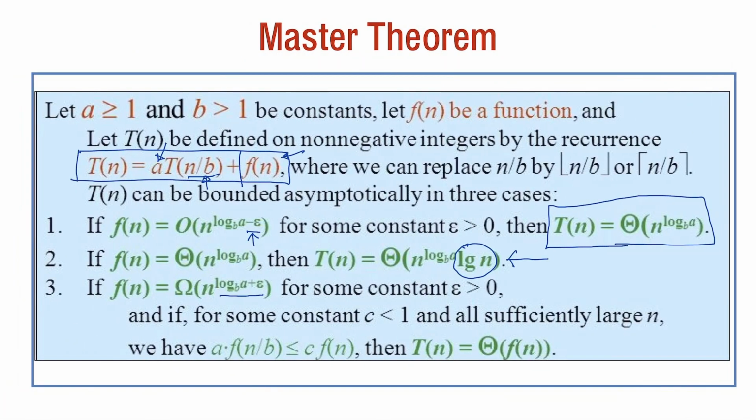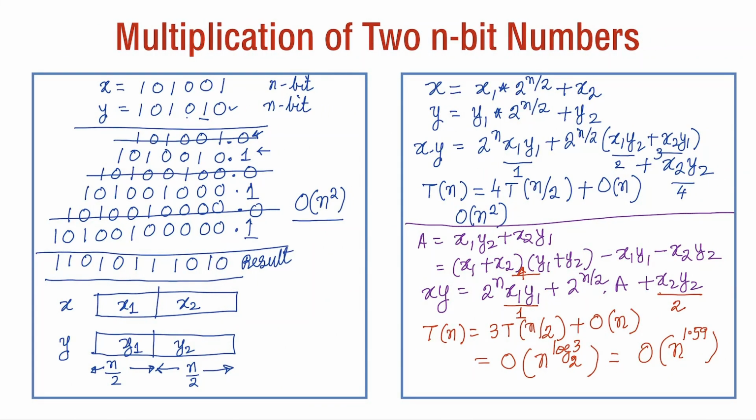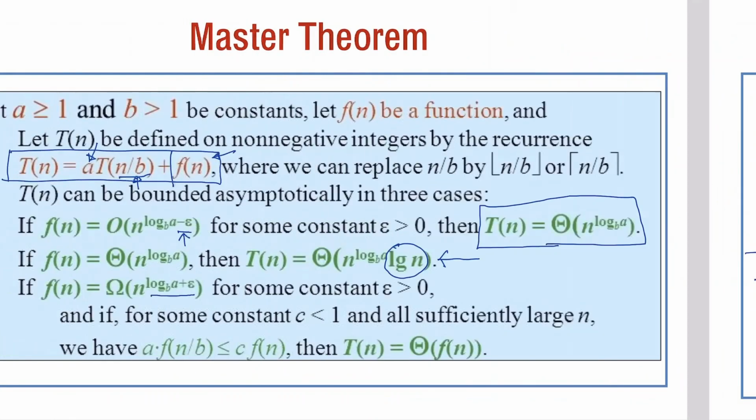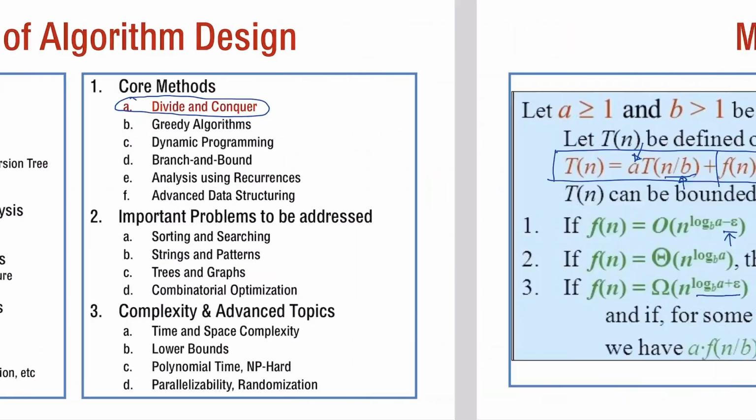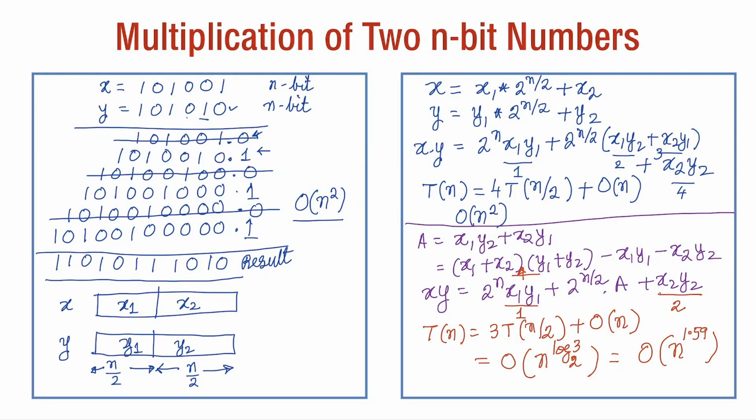This is how we use this portion, the part A of the function, and based on that part A of the function, we have now got an improved result. This is how we apply divide and conquer's basic technology of balancing the split to obtain an improved algorithm.